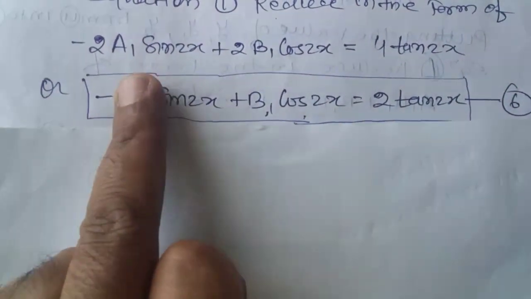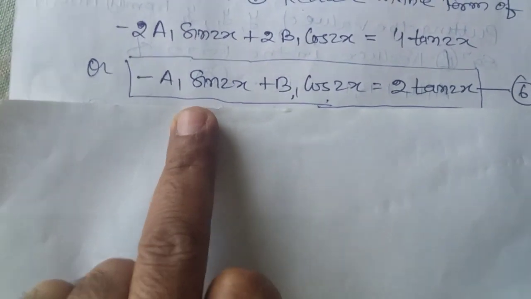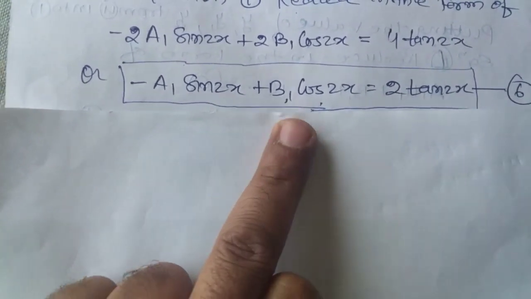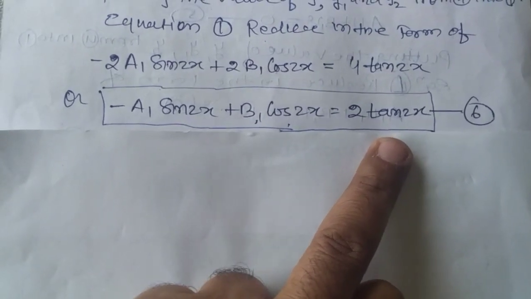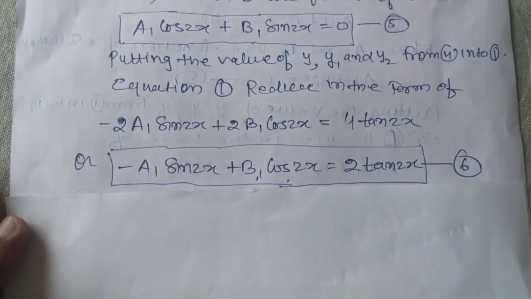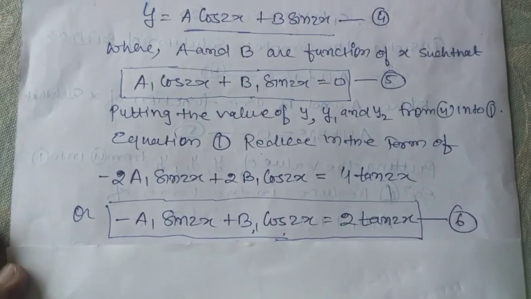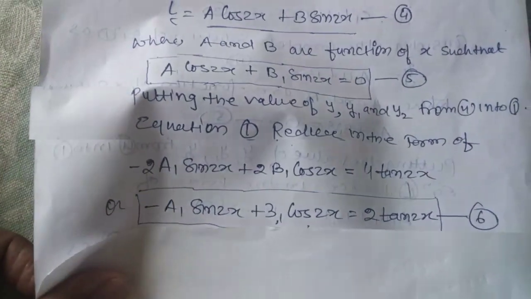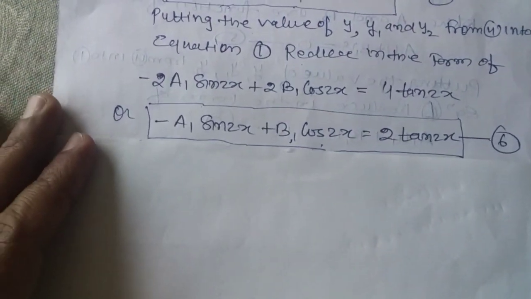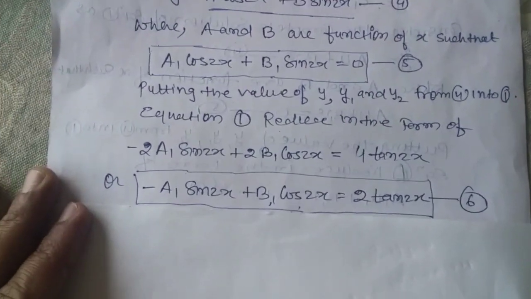Now simplifying this equation, we get minus 2 A1 sin 2x plus 2 B1 cos 2x equal to 4 tan 2x. Now equations 5 and 6 are simultaneous equations in A1 and B1. So simplifying these equations, we get the values of A1 and B1.